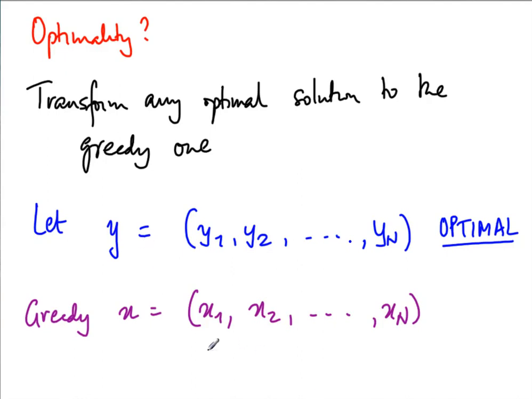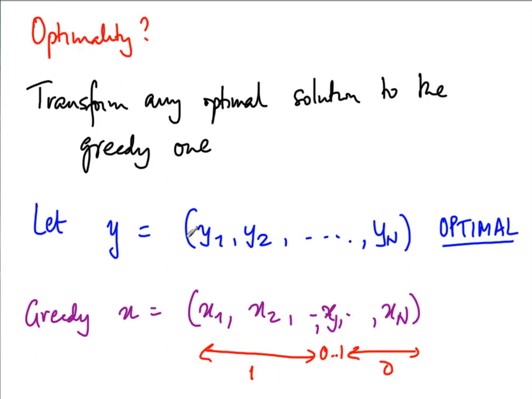What we know about the x's is that there is this xj, as we have just observed, such that x1 to xj minus 1 are 1, xj plus 1 to n are 0, and this value is between 0 and 1. The important thing to notice is that the xi's were chosen in this sequence: first x1, then x2, and so on, because that was the greedy strategy.